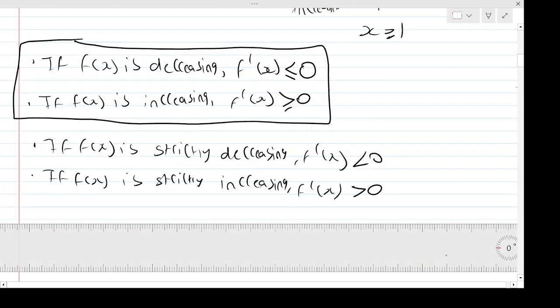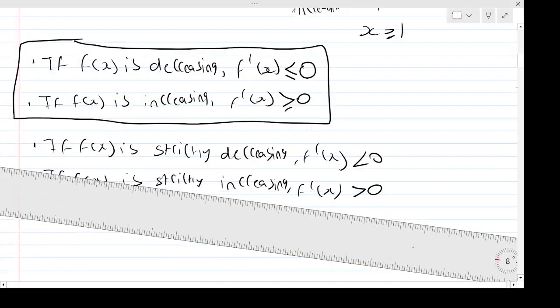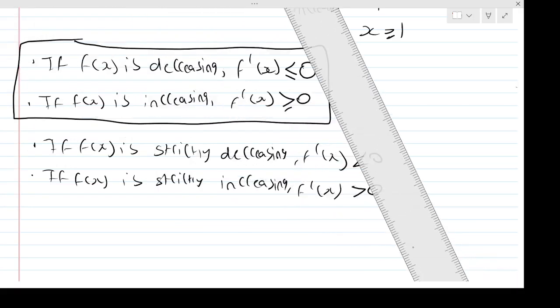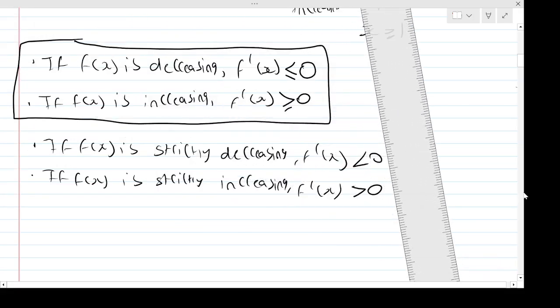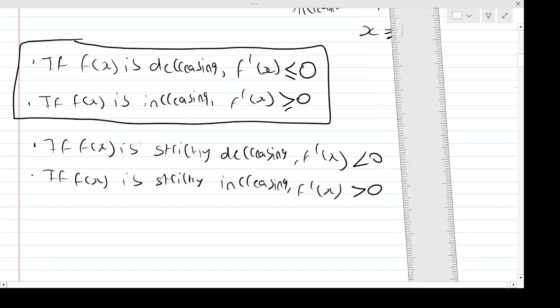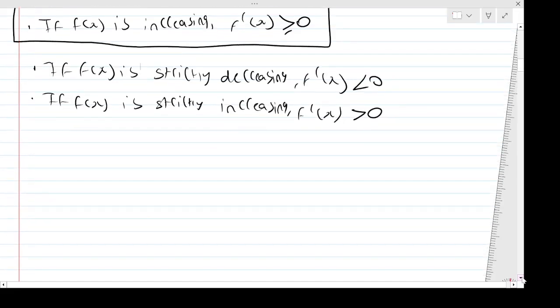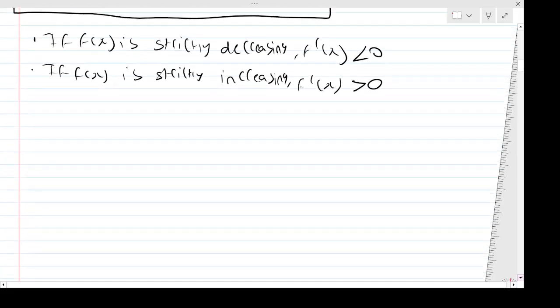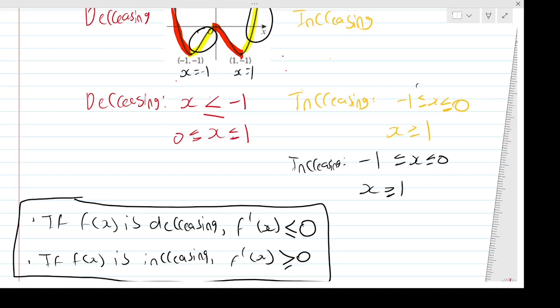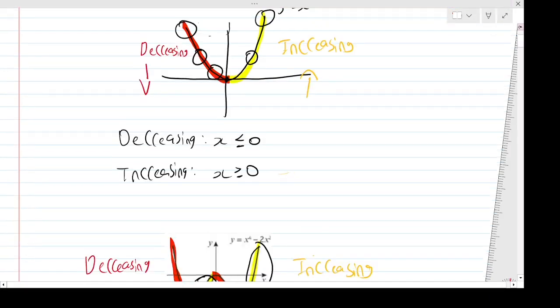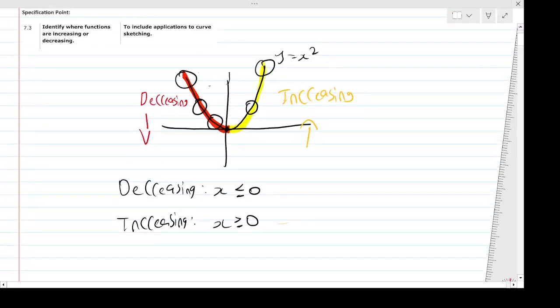Now, the last thing we need to talk about isn't really to do with this topic, but it's a more general thing, another bit of notation. It will be relevant to this, but it's a bit of notation you need to know. In reality, with a simple curve like this, it's quite clear where the decreasing and increasing parts are.